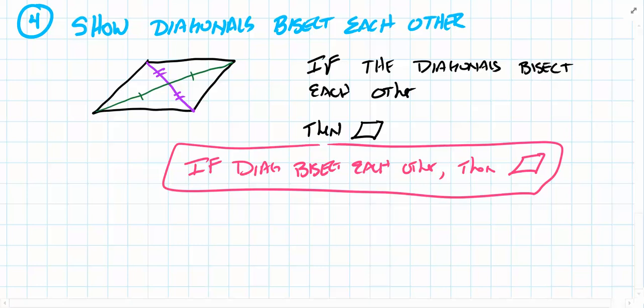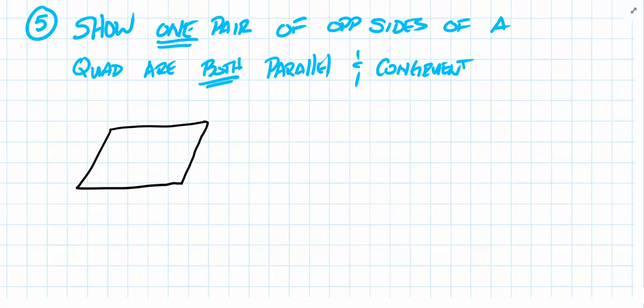Last one. The fifth and final way to show that a quadrilateral is a parallelogram, this is the fifth and final one, is to show that one pair of opposite sides is both parallel and congruent. So what I mean by that is this. So if I could show, say for example, this side and this side, this is a pair of opposite sides, the two yellow sides. True?